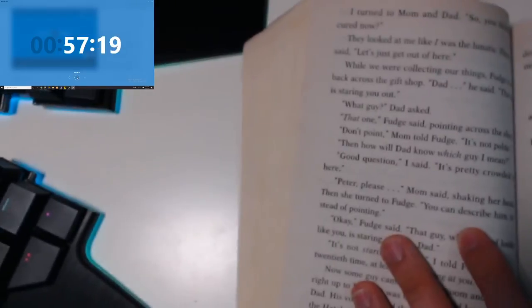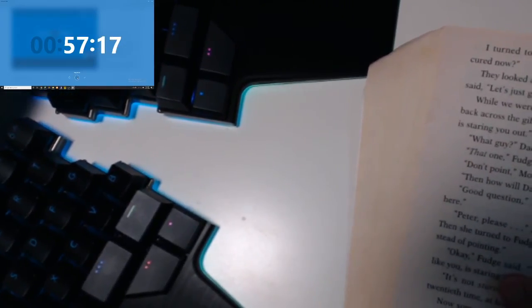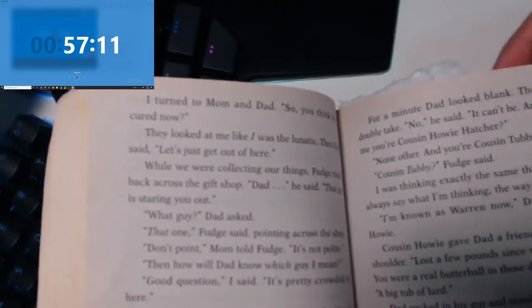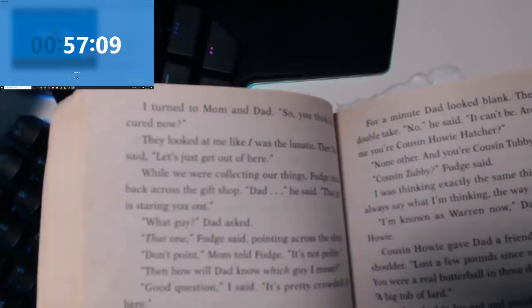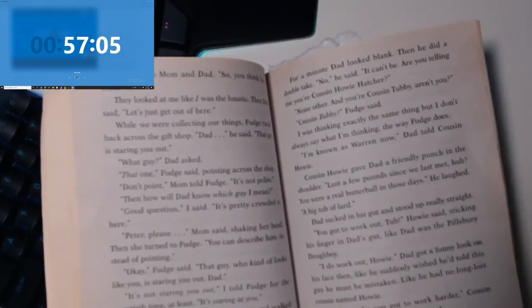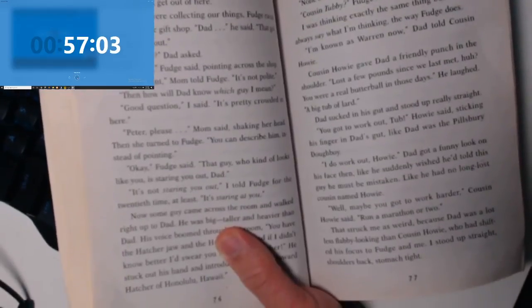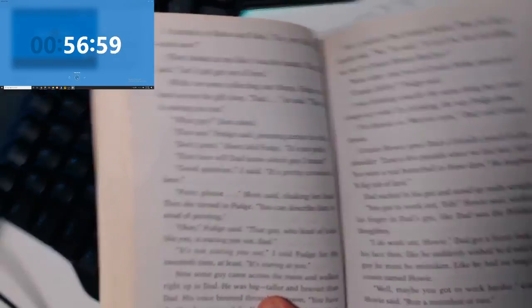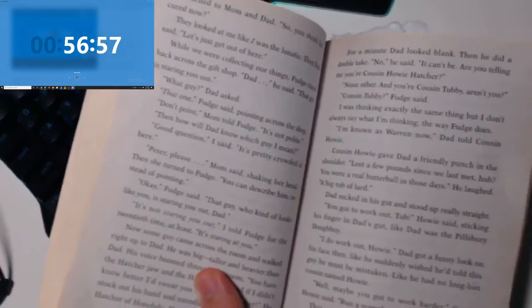So put it to here and put this book to here, and a little bit more.